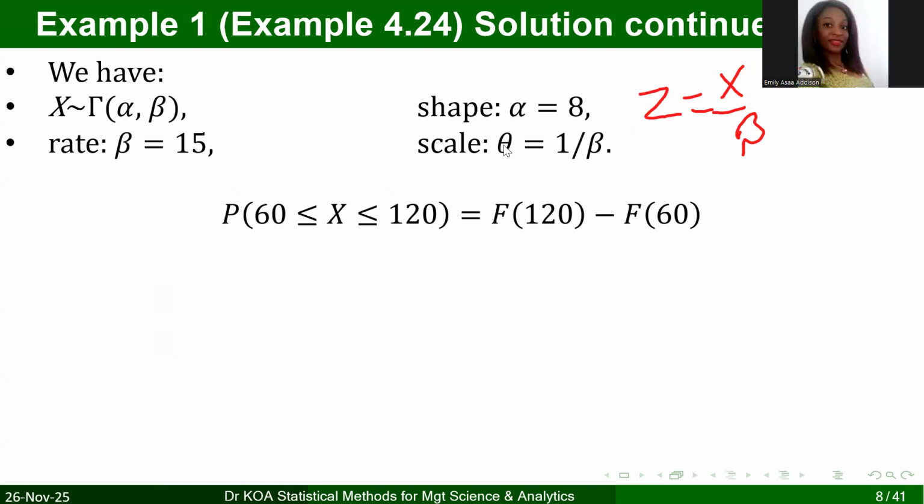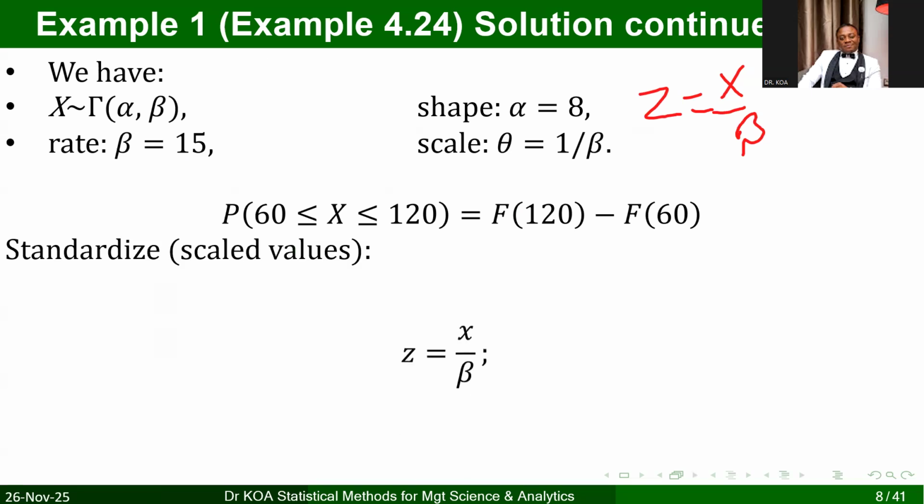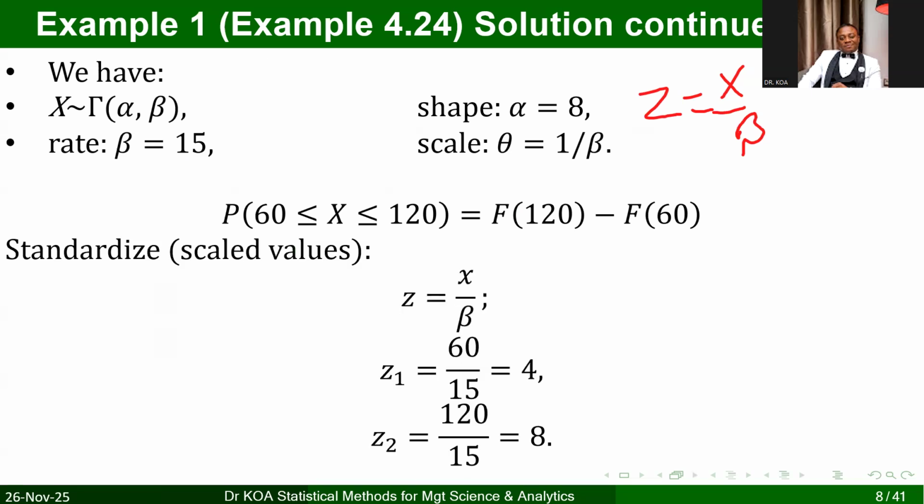Doc, for the 60 it is 4. Mm-hmm. So that will be the lower bound. And then for the 120, it is 8. Yeah, for the 120 it is 8. Very good. So you now find the gamma value for 60 and the gamma value for 120, and this is going to give you the answers that you just spoke about.